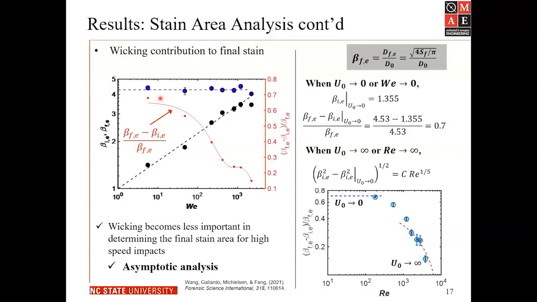And we do find that this one becomes smaller when we increase the Weber number or increase the impact velocity. So we also did some asymptotic analysis of this, and we have some theoretical derivations there. We find that under very low speed, it approaches a constant value, and when we go to higher speed, we can have a good correlation with the Reynolds number.